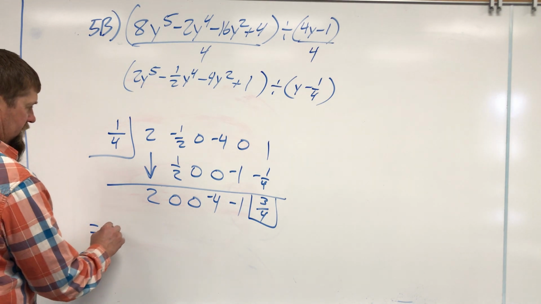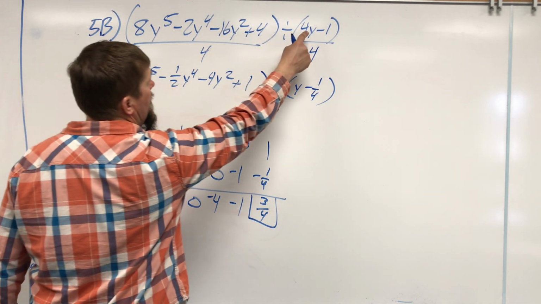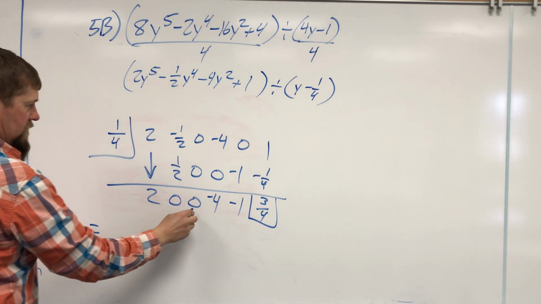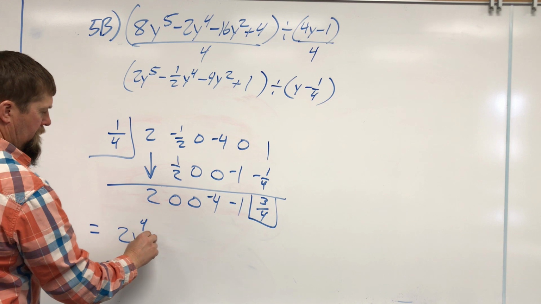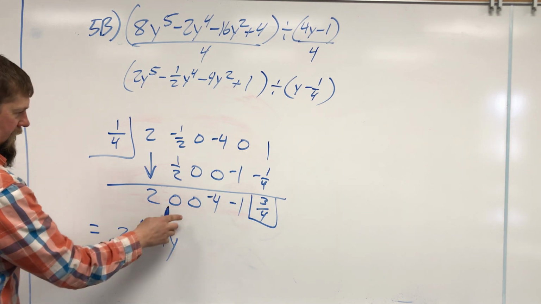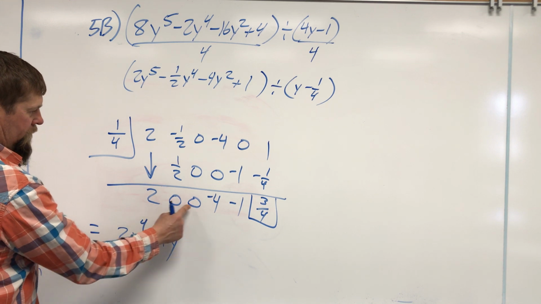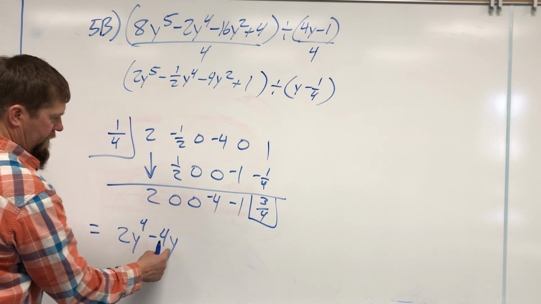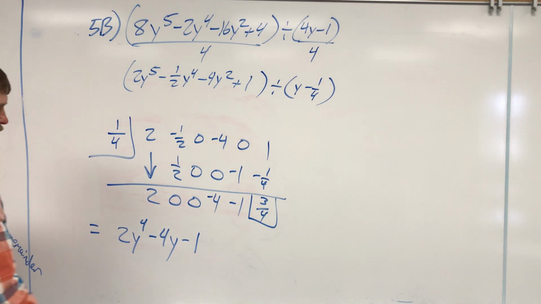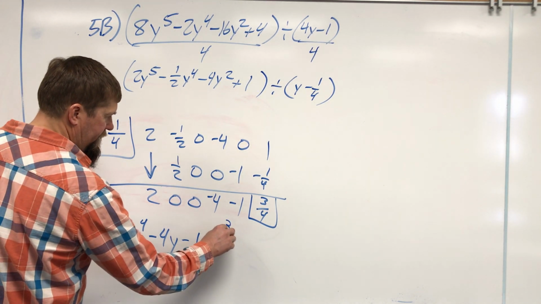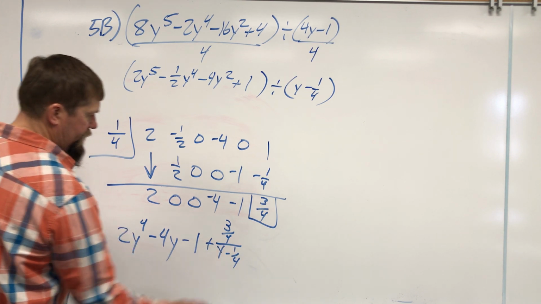So my quotient is, remember I'm taking a 5th power dividing by a 1st power, so this should be my 4th power. So 2y to the 4th minus 4y, because I don't have to write down the zeros. This is cubed, this is squared, negative 4y minus 1, plus 3/4 over y minus 1/4.